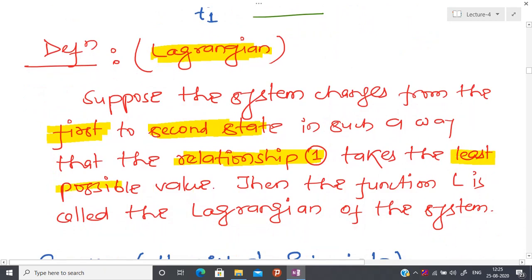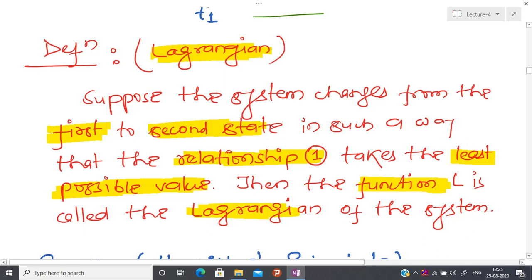So we are ensuring that the value of this integral is as small as possible. Then the function L is called the Lagrangian of the system.